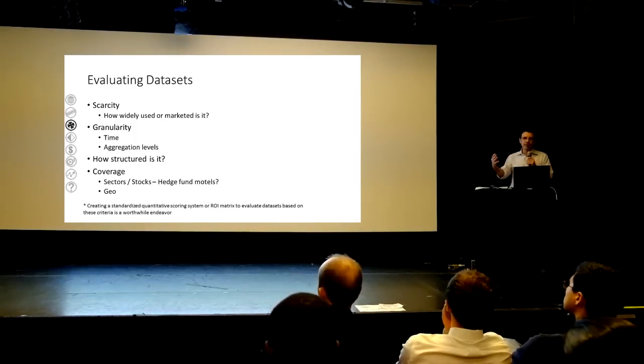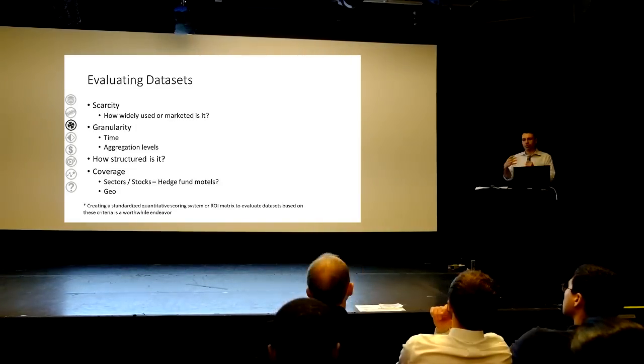Is it already tagged with all the tickers you want, or is it just a raw text feed or images, right? And then there's coverage. How many stocks or geographies does it touch? I actually get more excited when I look at potential unstructured data, because it probably has higher scarcity. A lot of insights or a lot of methods here can apply across different asset classes.